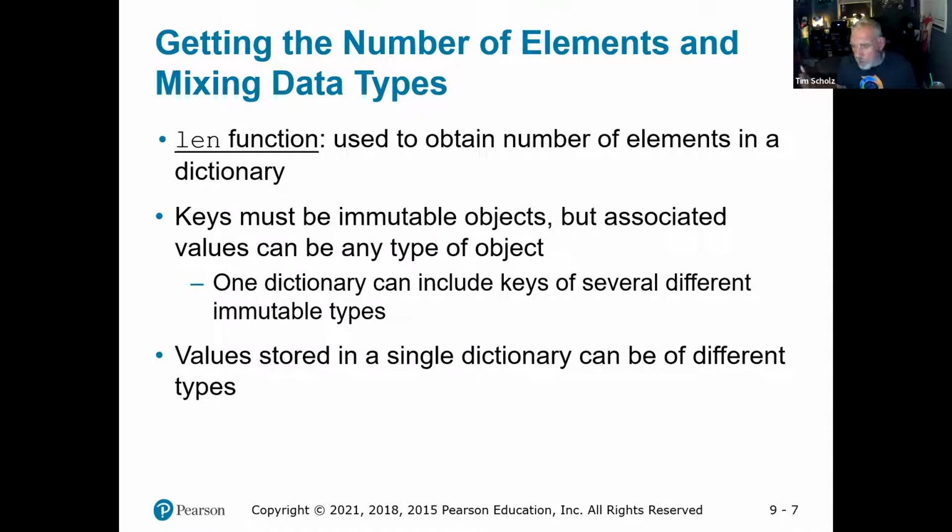For example, if you had a dictionary called student, you would have the student name, which may be a string. You may have student ID, which may be a number or also a string. And student grade, which would probably be a float or possibly an integer. You can have multiple types within the same dictionary.